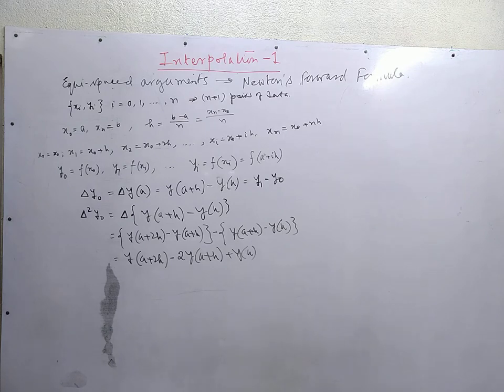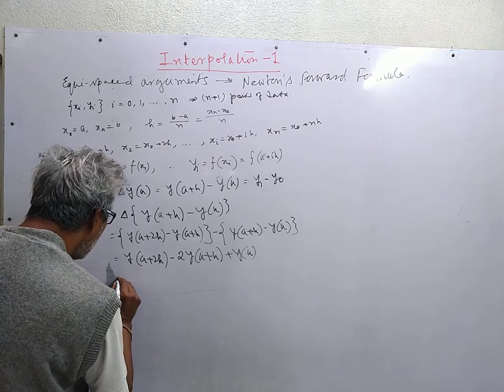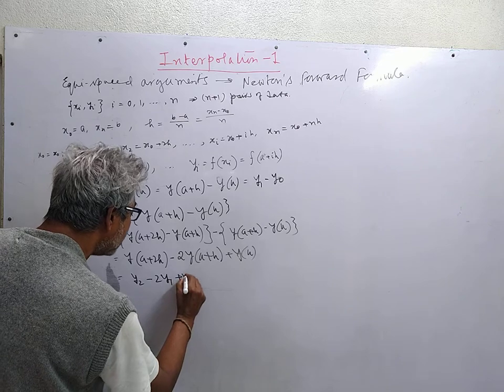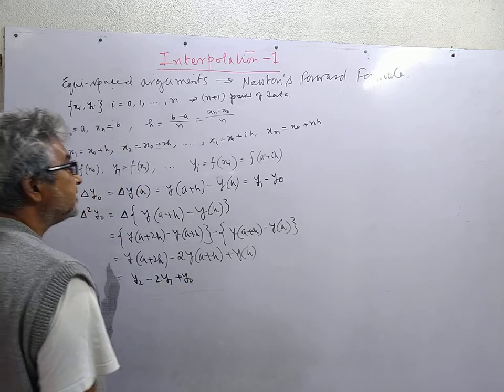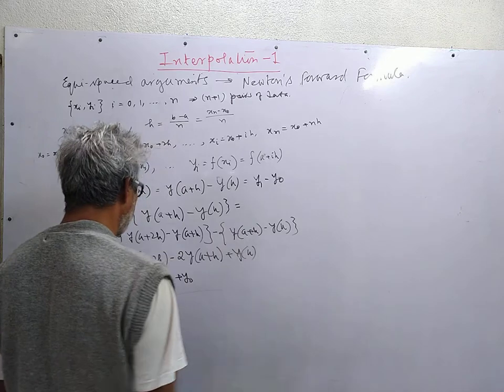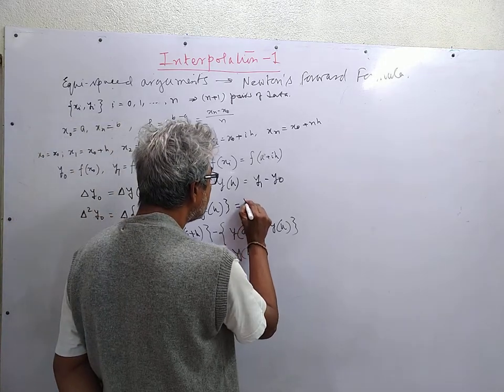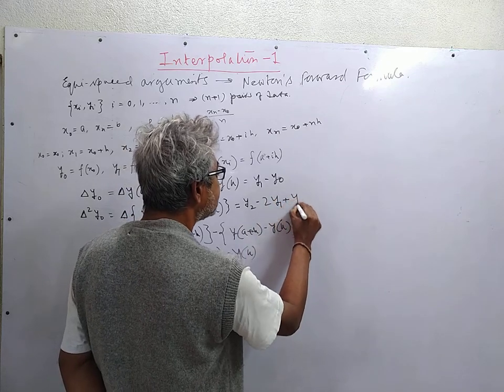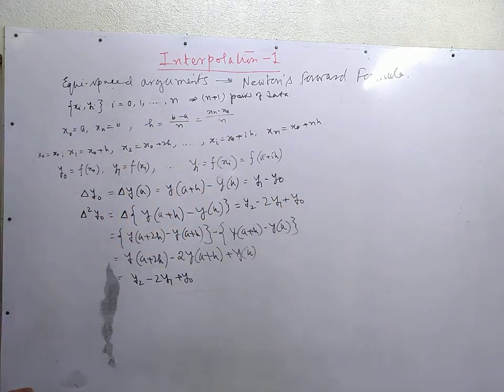This can be written as y2 minus twice y1 plus y0. This has a remarkable similarity with the binomial expansion. The difference formula is carried over with respect to y0.